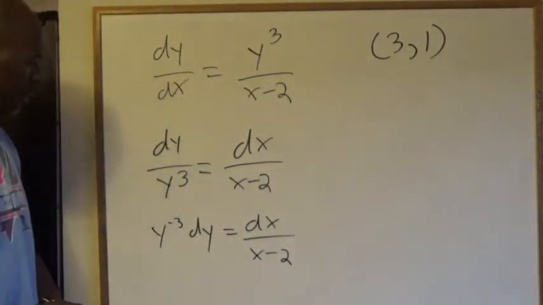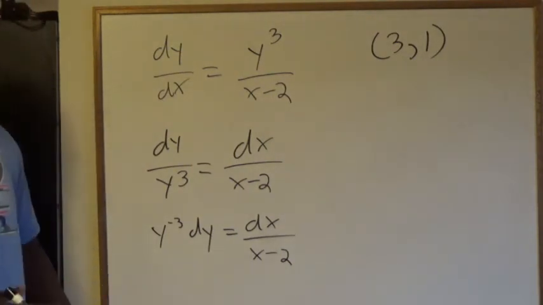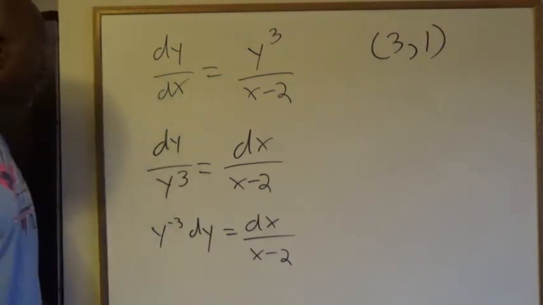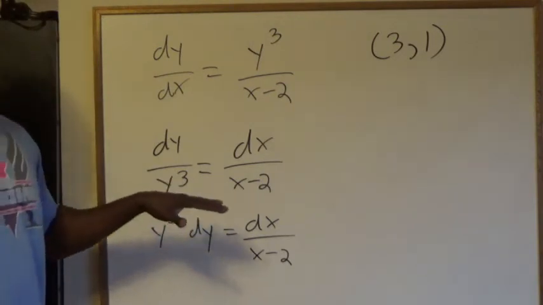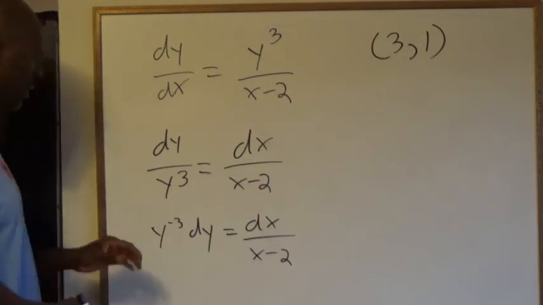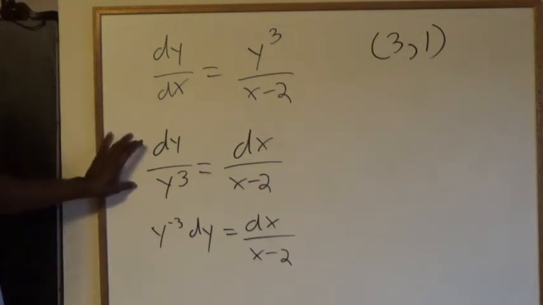There's another common misconception. People are familiar with dy over y, that integral is ln y. Sometimes people get a little bit carried away, and they think anytime there's a power of y at the bottom, if you integrate that, you're going to get ln whatever that is. So some people will mistakenly think that the integral of dy over y cubed is ln y cubed.